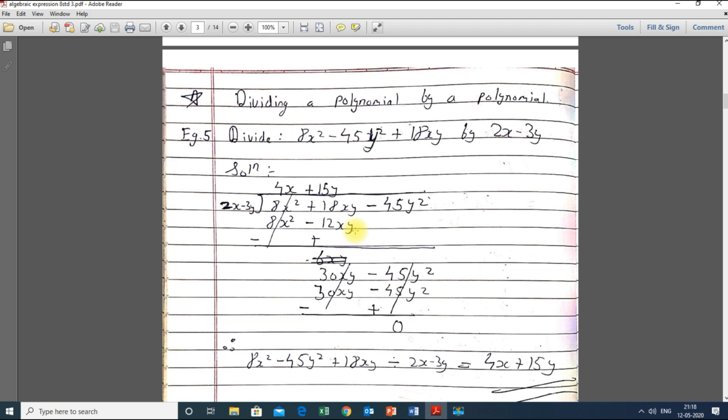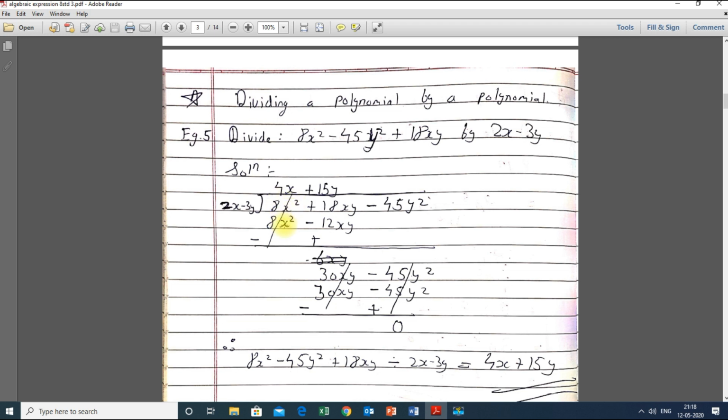Now, here there is no sign, therefore we consider plus. Whatever sign is over here, make it the opposite of that sign and write it down. So here we consider plus, but since I told we have to write the opposite sign down, therefore write minus over here. Here it is minus, I will write plus over here. Now you can see that plus 8x square minus 8x square, that is plus 2 minus 2 is 0.